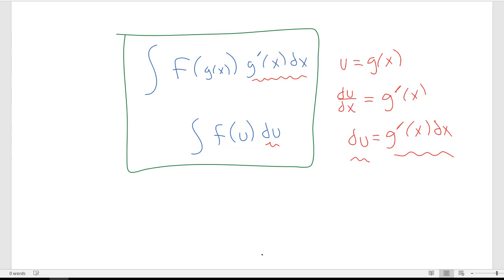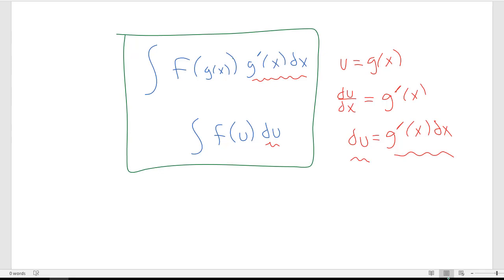If we point out to ourselves for a moment, what we're really seeing here is a composition. Notice what we did with our substitution is we let u be the inside of this composition. When I let u be the inside of this composition, it will simplify the integral for us.